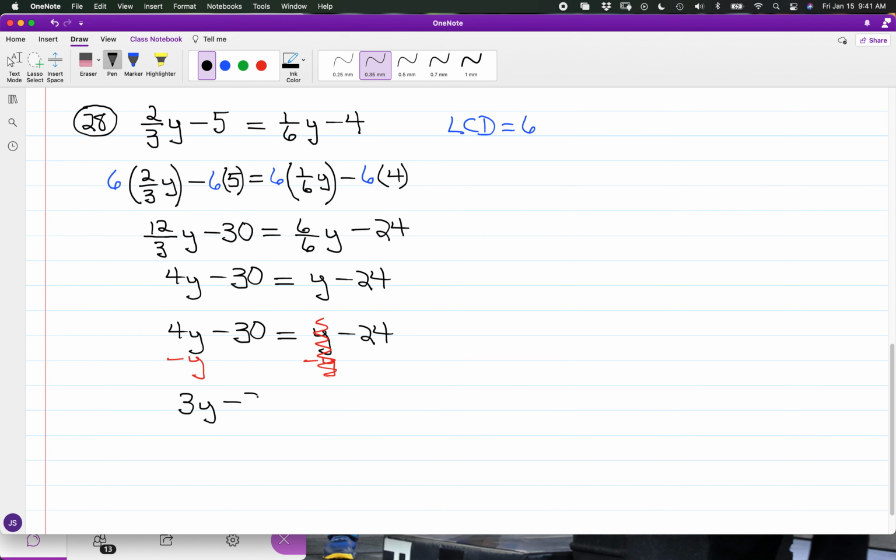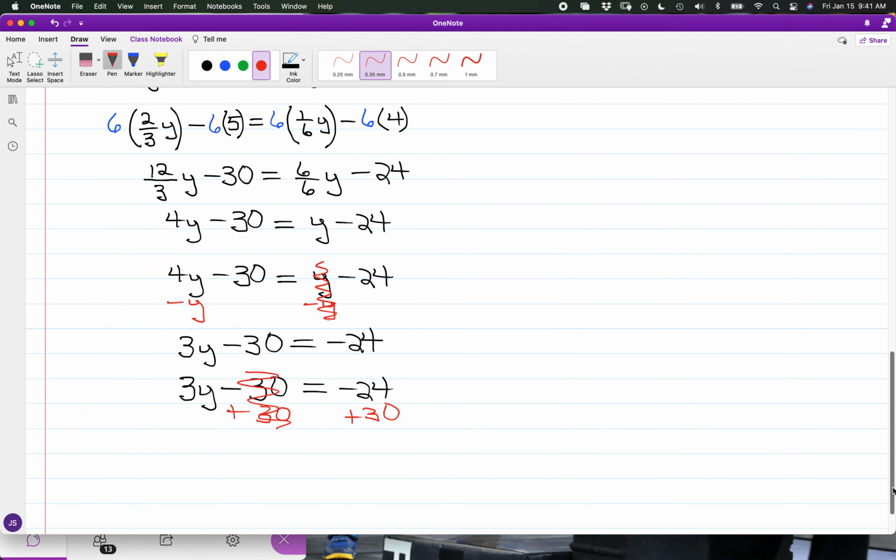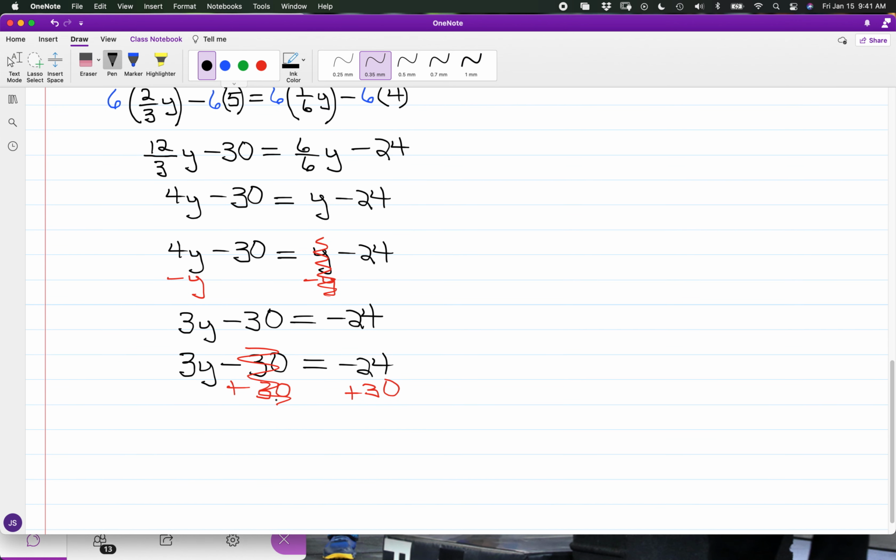And so here we have in the setup a two-step linear equation. So if I this time around isolate the 3y, adding 30 to both sides, so we're going to have 3y is equal to 6.